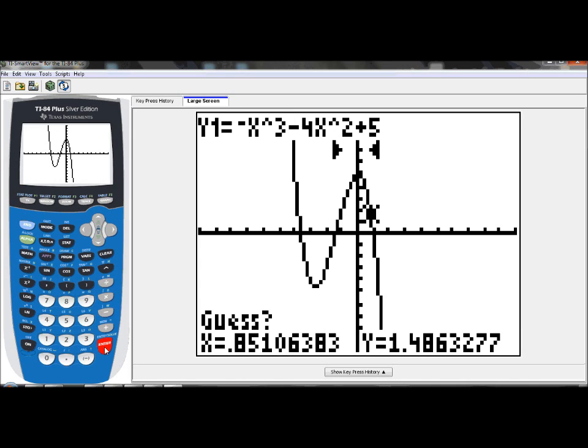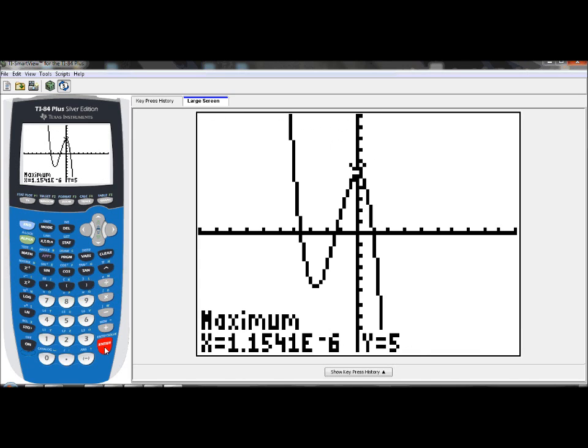And then guess, hit enter again. And so I have a relative maximum, and we learned in the previous video that this represents scientific notation for the number 0. I mean, this is 0.00001151. I mean, that's 0. Your calculator is just approximating it. So 0.5 is my relative maximum.